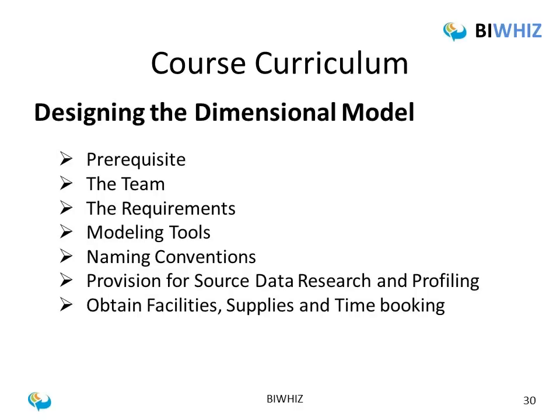Then we will discuss how to design a dimensional model. We will discuss the prerequisite part, the requirements part, then what modeling tools are available, other important aspects like naming conventions, how to do source data profiling, and how to do project planning.